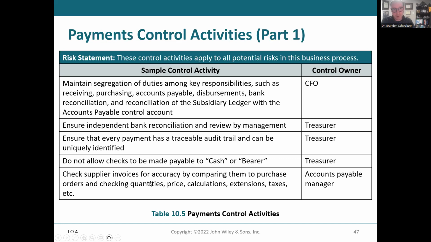Check supplier invoices should, of course, be matched to the purchase orders. This is really important. Typically what I do, and this is the best method, is this: if you're getting ready to pay, that means you already went through the requisition, the purchase order, the packing slip, the receiving report, you got the invoice, and now you're getting ready to pay.